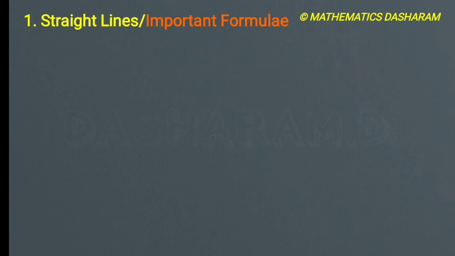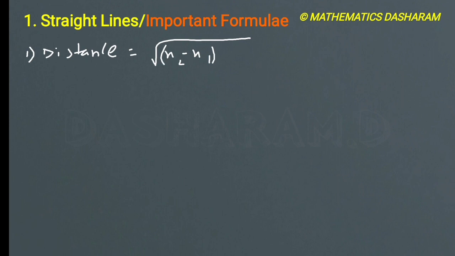Before starting the exercise problems, let us revise the formulas. The first formula is the distance between 2 points: under root (x2 minus x1) whole square plus (y2 minus y1) whole square.